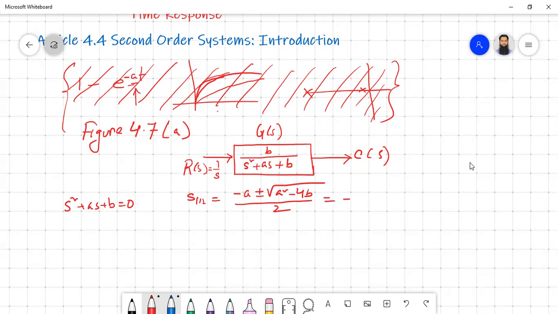As you can see, we have minus a by 2, which is the real part. Then, based on the values of a and b, there is a possibility of having a real number or an imaginary number in the second portion. We are keeping it real for now, but it can also be imaginary. This is what determines the system response.